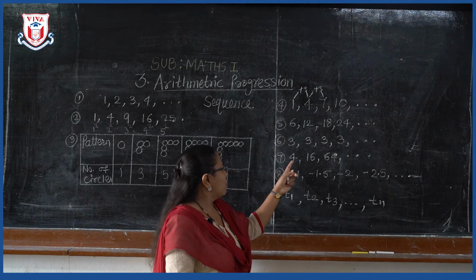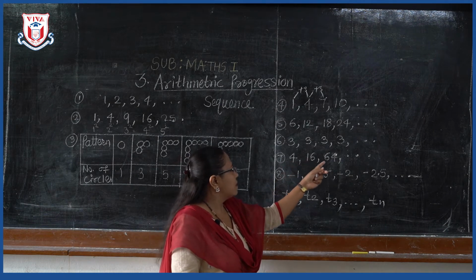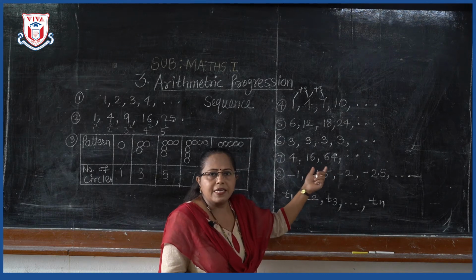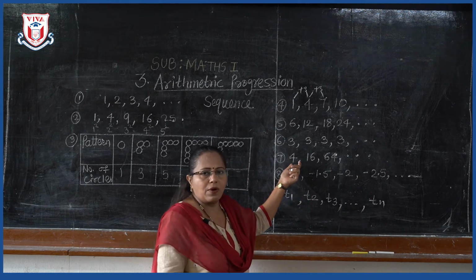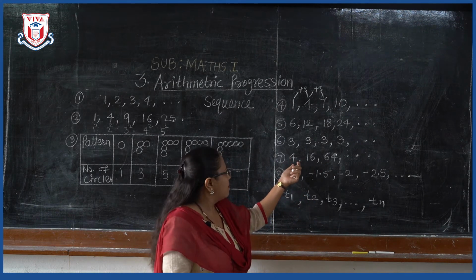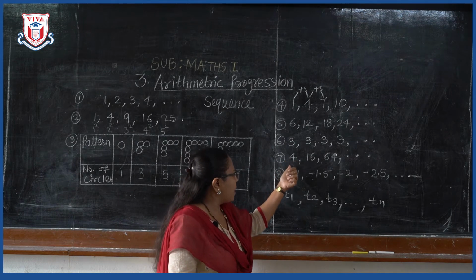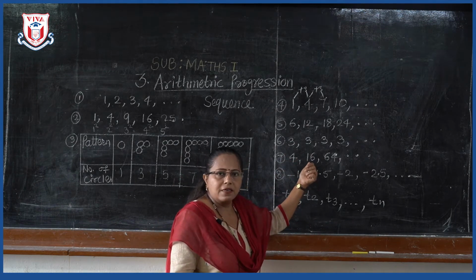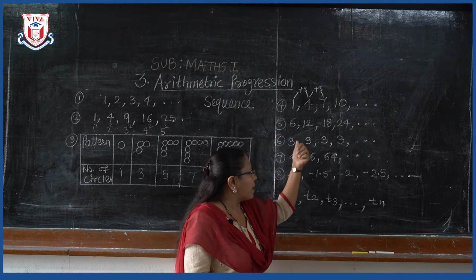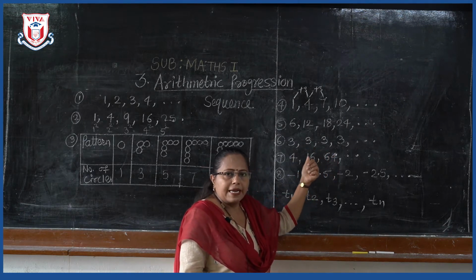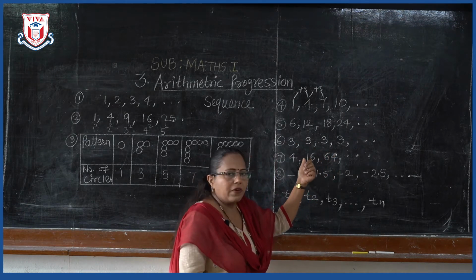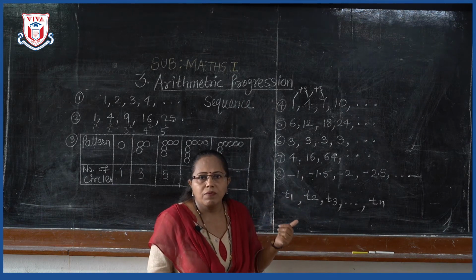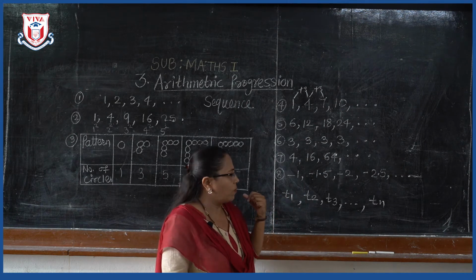Next example, 4, 16, 64. Now here instead of adding a particular number, what is being done? 4 multiplied by 4, 16. 16 multiplied by 4, 64. That means to get the next term, we have to multiply by 4.